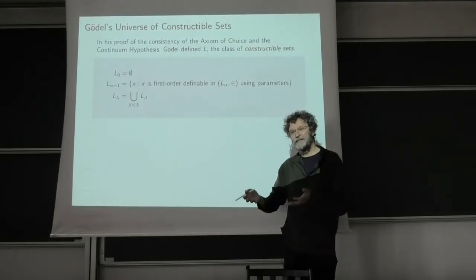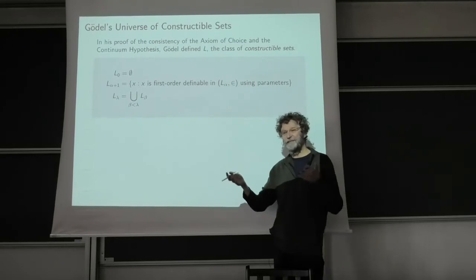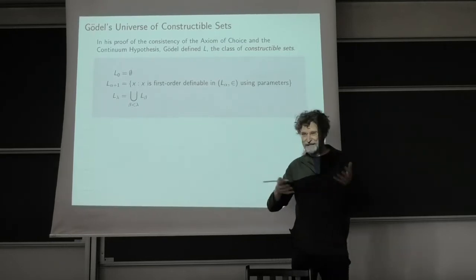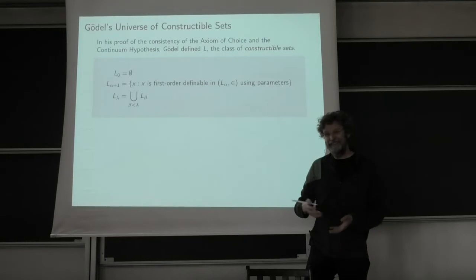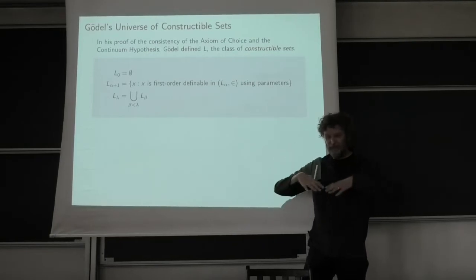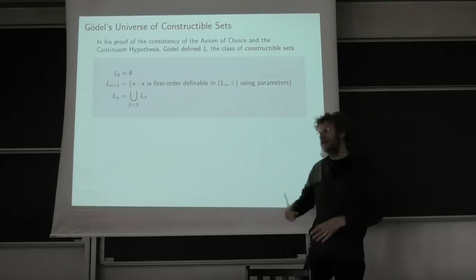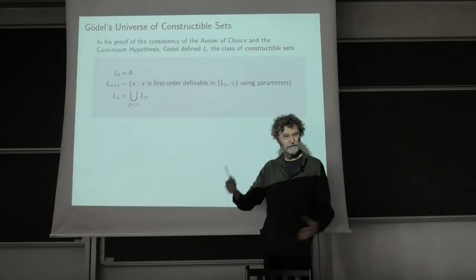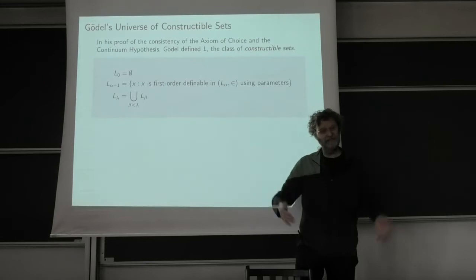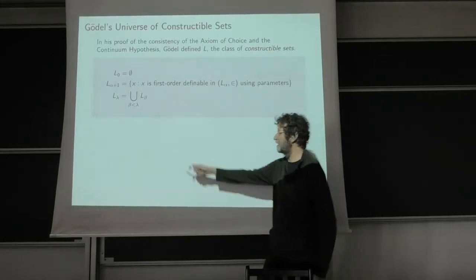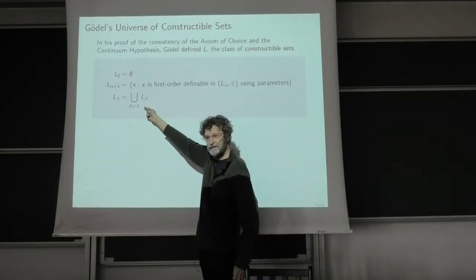They start with the empty set, and then you get the set that has one element, the empty set, and then you get a set that has a couple of elements, and so on. When you get to the first limit ordinal, you take all the hereditarily finite sets. That's what you've got so far. At limit ordinals, you just take everything you've got so far.